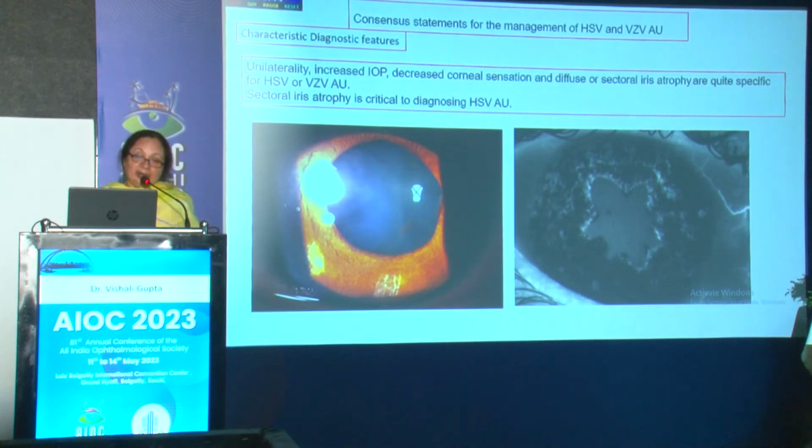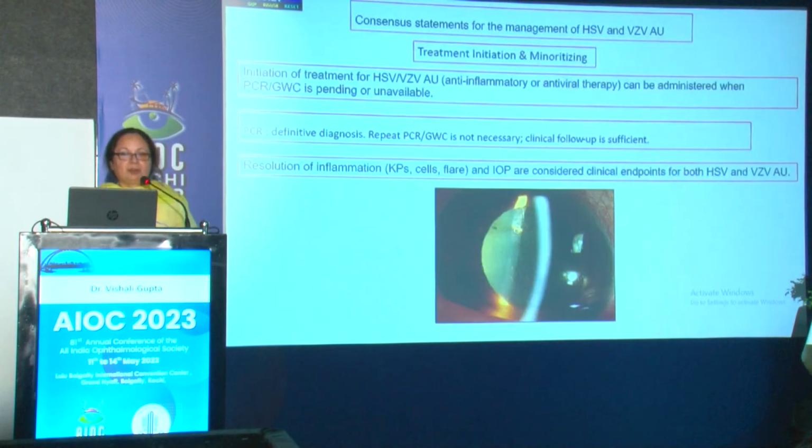They also added decreased corneal sensation and diffuse or sectoral atrophy, because Sun did not talk about these two things. Sectoral atrophy, they felt, was more critical for diagnosing HSV rather than VZV.